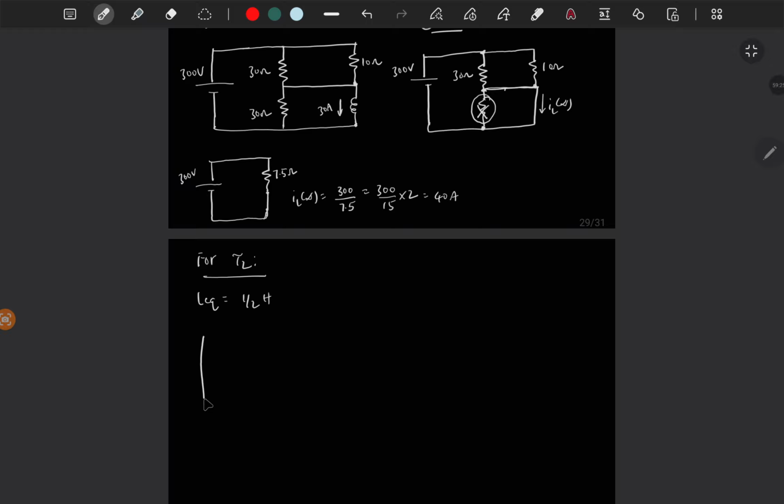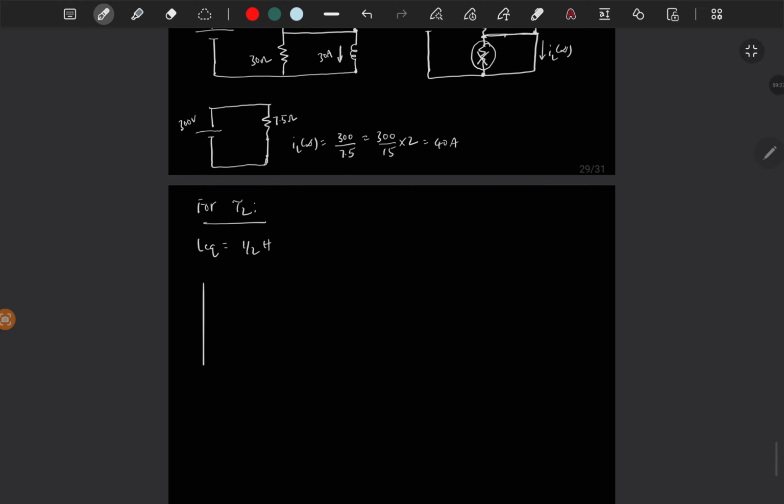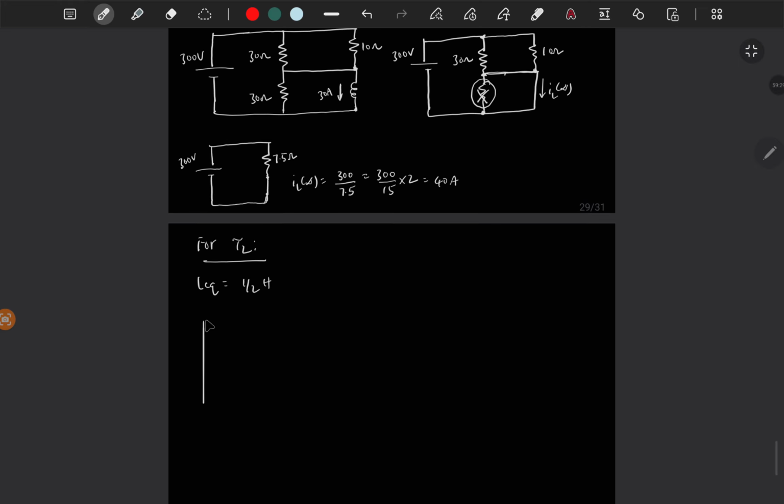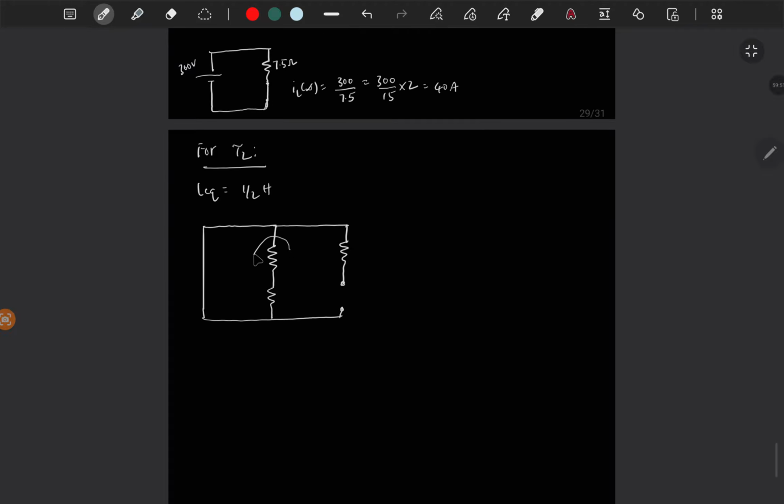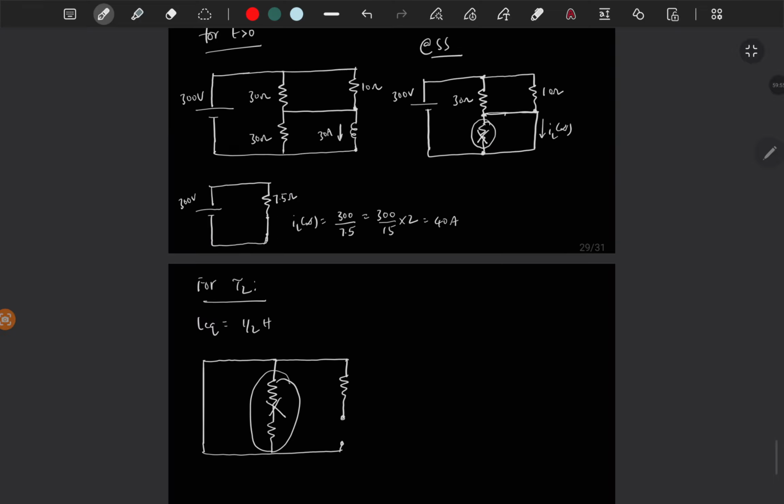So short circuit the voltage source, which is independent voltage source, and 30, 10, these two terminals. This is ignored.